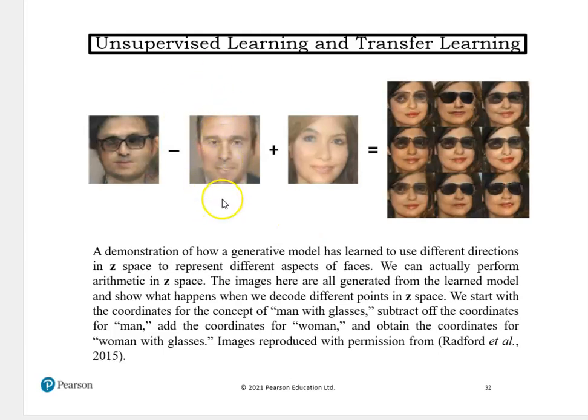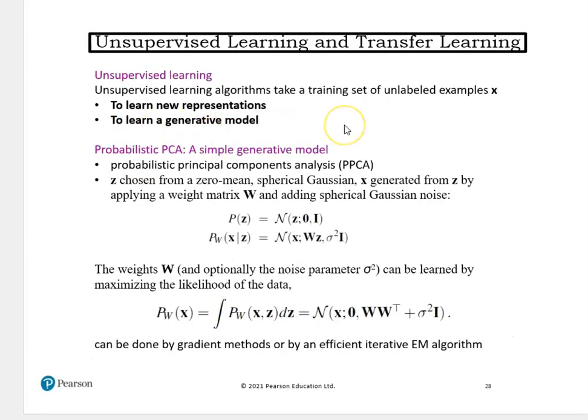So this is the man as learned by our model, and then add a woman, and then you can see that the images generated should represent women with glasses. So this is how the unsupervised learning will work: we move from the X space into the Z space, and then the network is free to pick whatever each component of Z represents essentially.